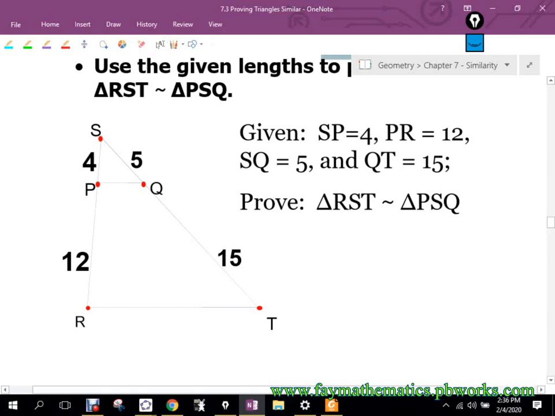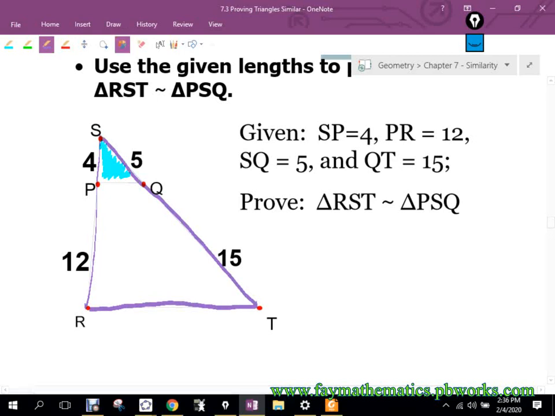We will be looking at that little triangle there, and then we've got this, it's kind of hard to see, that overall triangle there. So we're going to compare the blue one to the purple one.